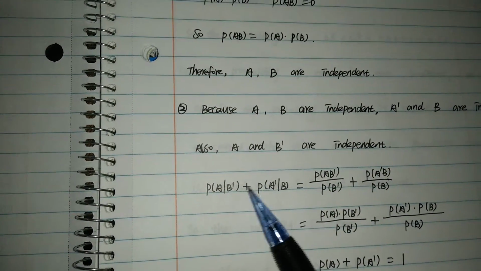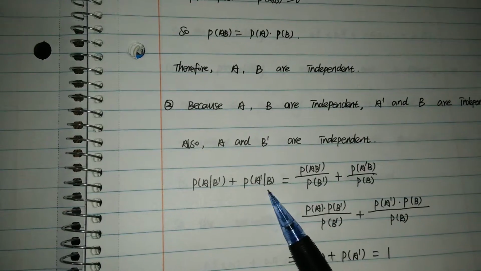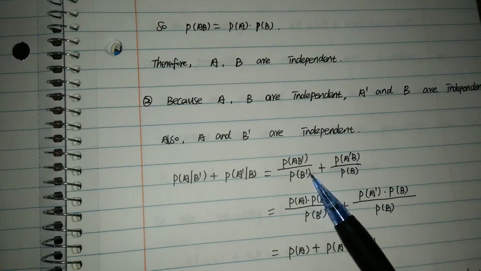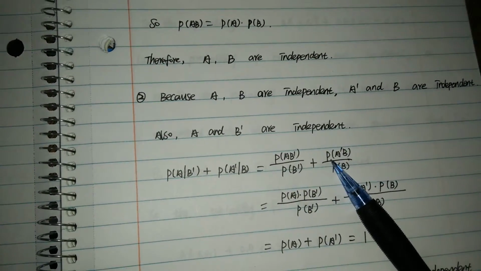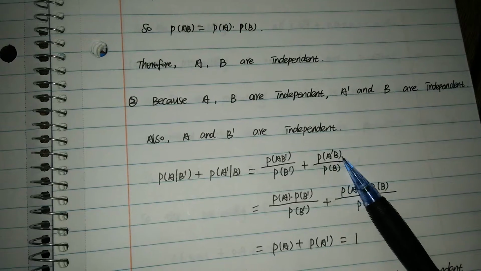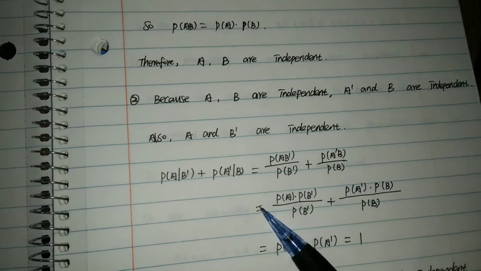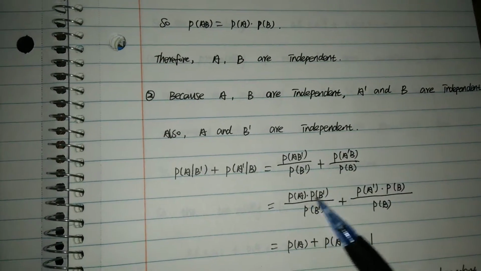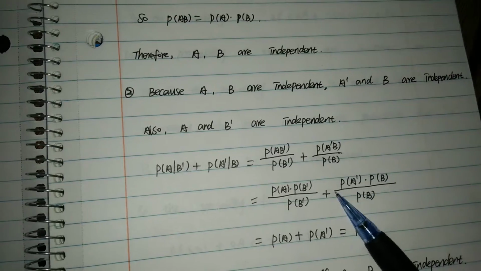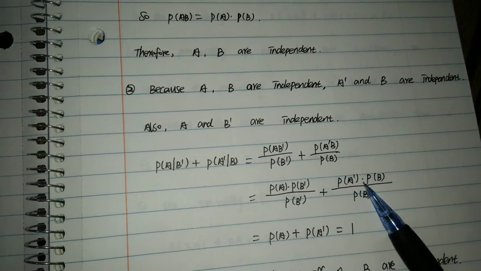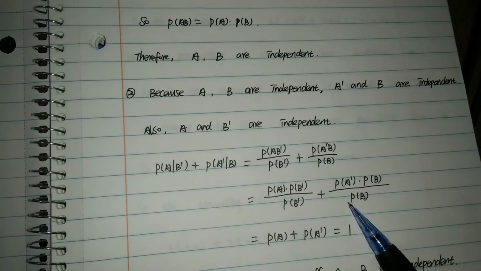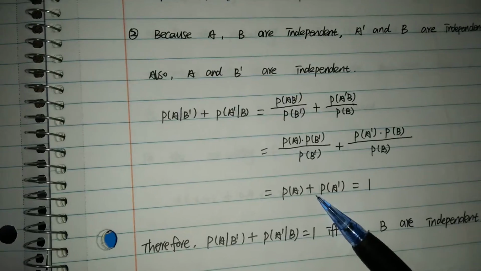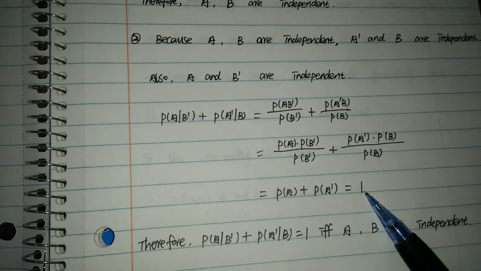Probability of A given B naught plus probability of A naught given B equals probability of A times B naught over probability of B naught plus probability of A naught times B over probability of B, which equals probability of A multiplied by probability of B naught over probability of B naught plus probability of A naught multiplied by probability of B over probability of B. It equals probability of A plus probability of A naught, which equals 1.